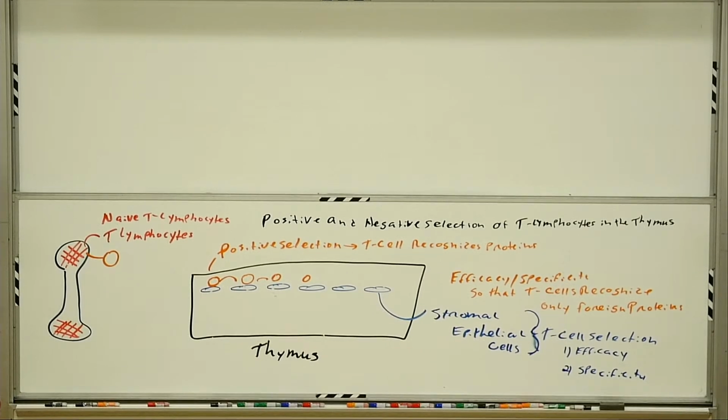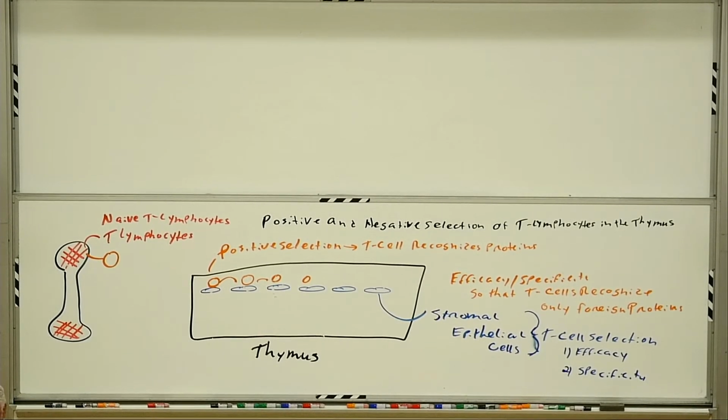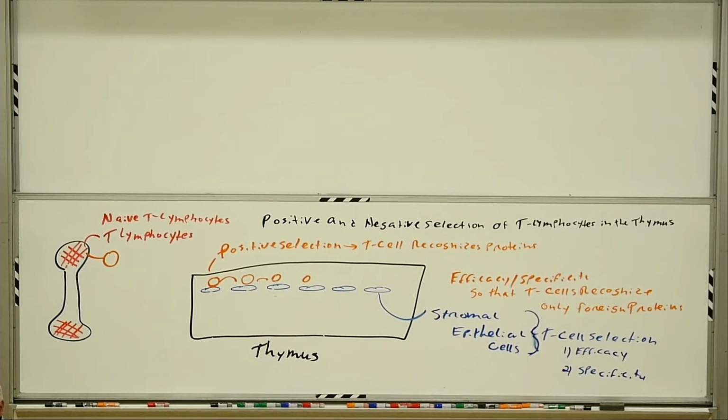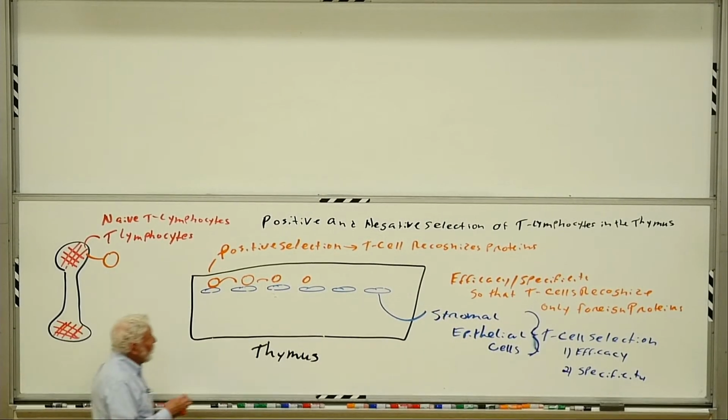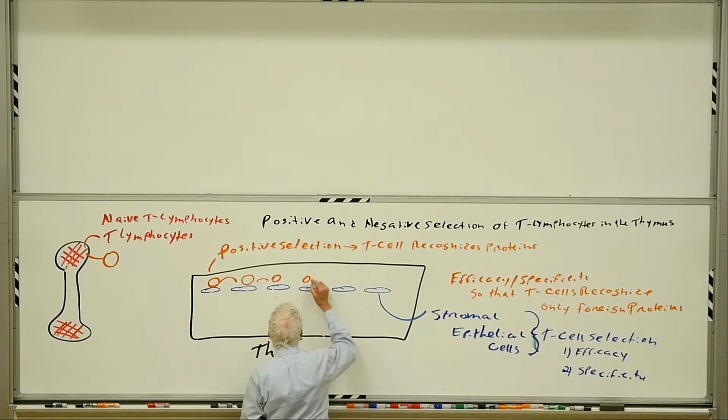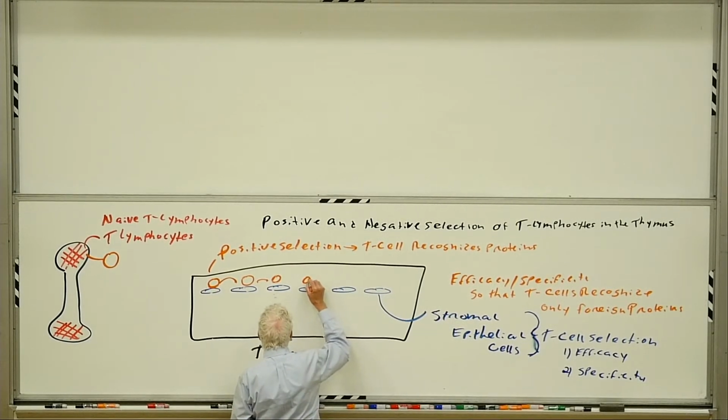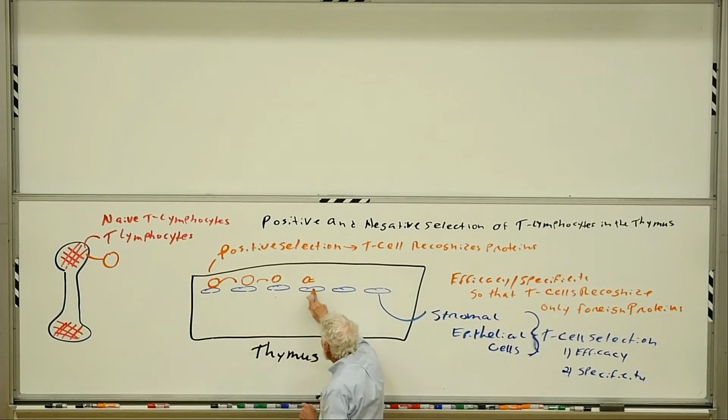Protein recognition, specificity. My understanding of this test is that it's a protein-protein interaction. There's going to be a protein expressed here on the surface, and then this cell is going to produce a protein which is one of our own proteins.